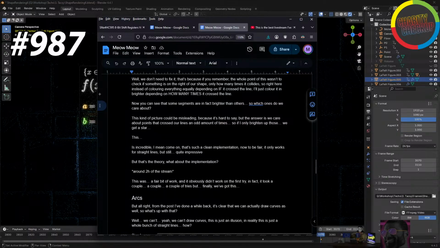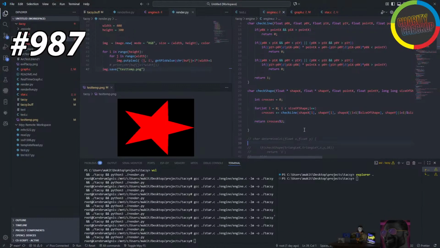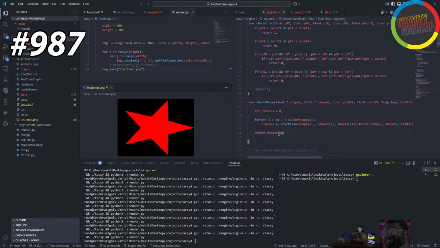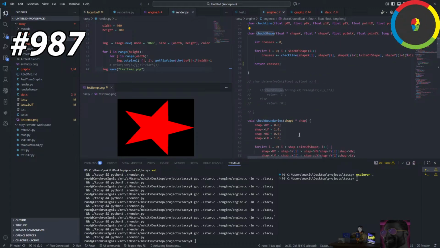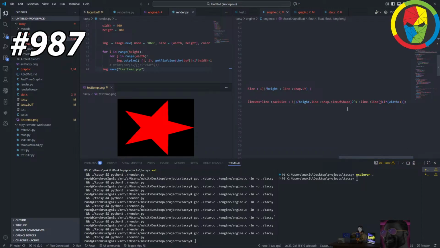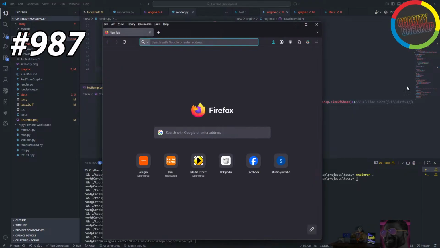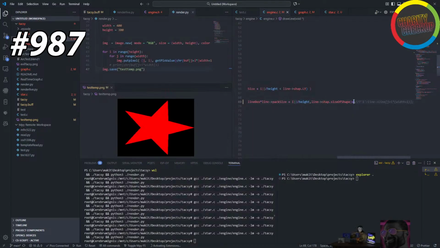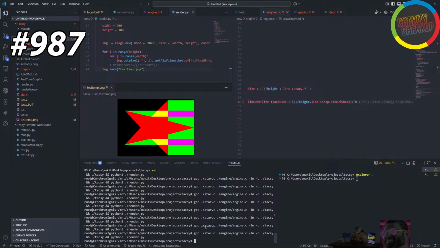So in this case, we can generate another image, in which case we would return the crosses from the check shape, but then we would set the check shape equal to this entire thing plus 0. Professional coding. Ta-da! Oh, look at that beauty. Isn't it nice when your code does exactly what you want it to do?